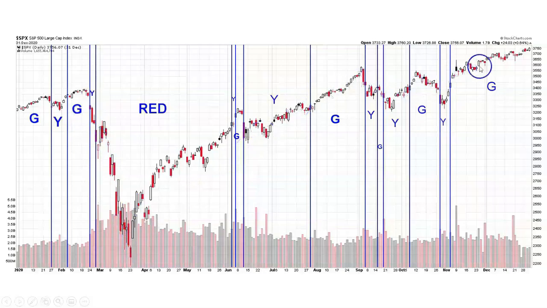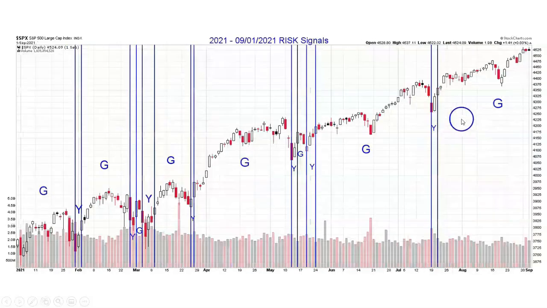And again, as we see here, right, most of the upward progress in the stock market is going to be made in a green signal environment. So think about this, guys. As long as the signal is green, you can see there's just not a lot to worry about, right? And even most of these yellow signals, this is when we get that pullback, but it gives you confidence in knowing what the market is doing.